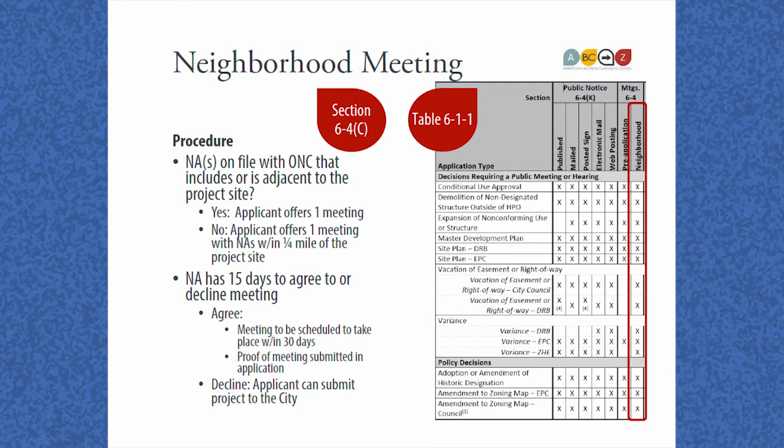And they get those email addresses and they offer a meeting to those email addresses on file. The neighborhood association has 15 days to respond yes or no. If you don't respond after 15 days, the applicant can move forward into the application process. If the neighborhood association says yes, they'd like a meeting, then that meeting needs to get scheduled within 30 days of that saying yes. So there's a timeline to make sure that we're keeping things moving.